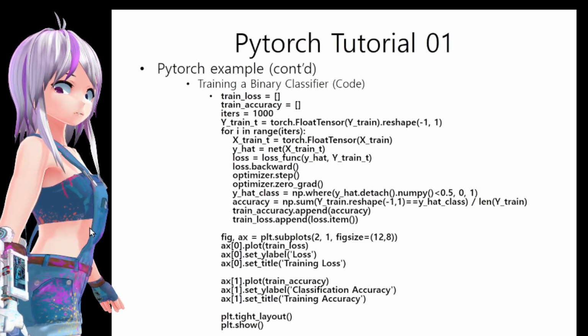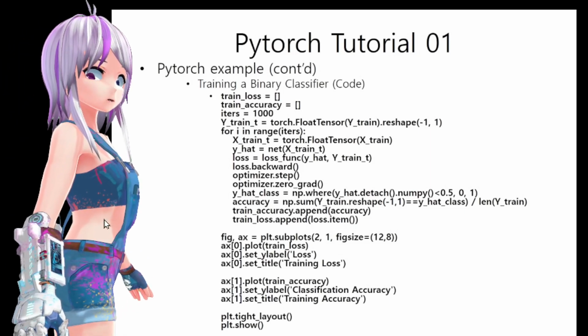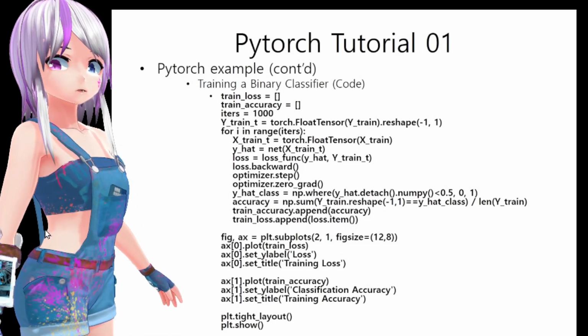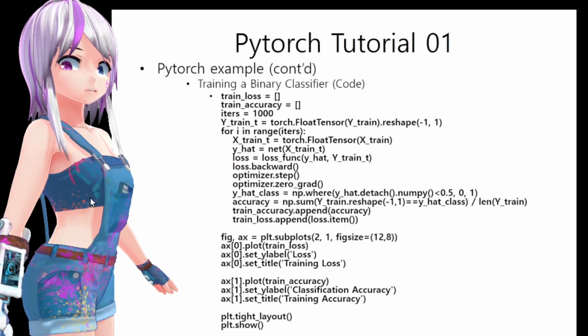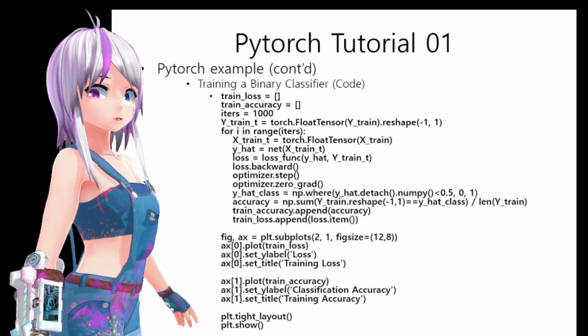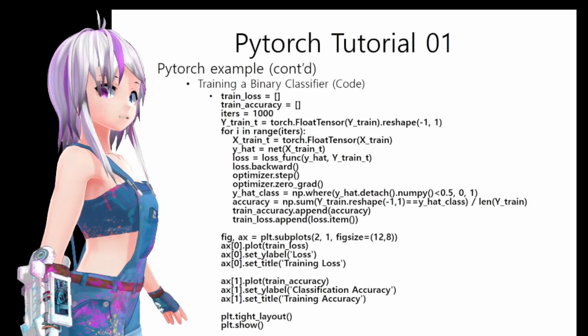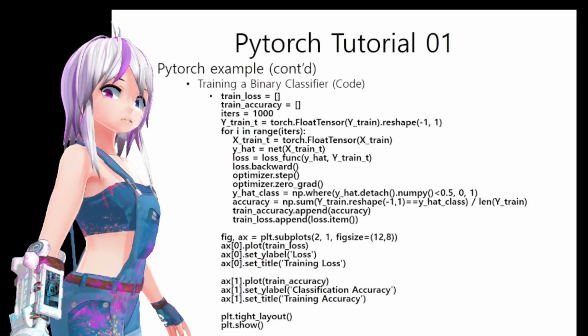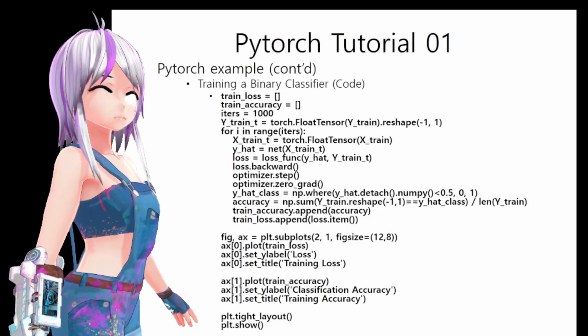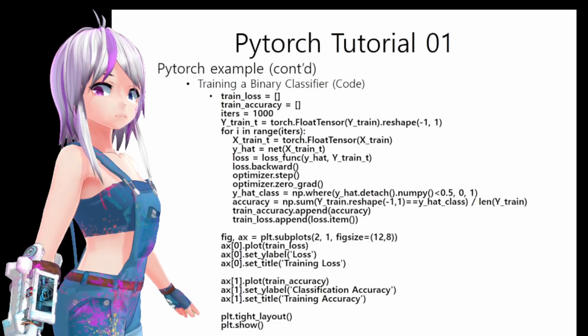This is the backpropagation routine. So your y_hat_class is np.where(y_hat.detach().numpy() < 0.5). Okay, so this is the y_hat_class value.